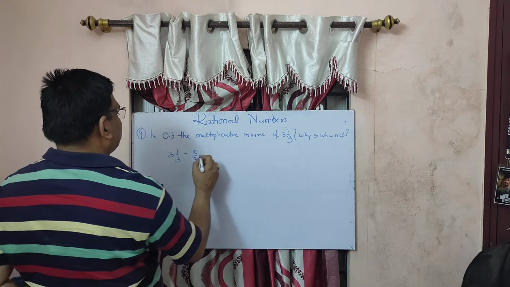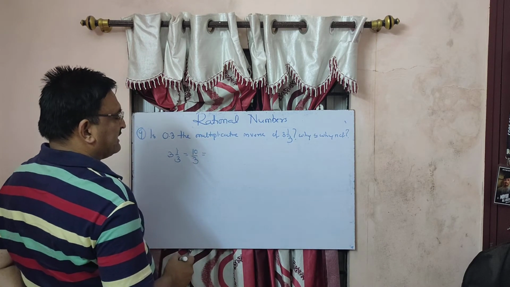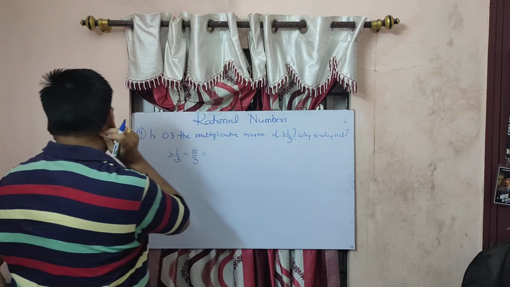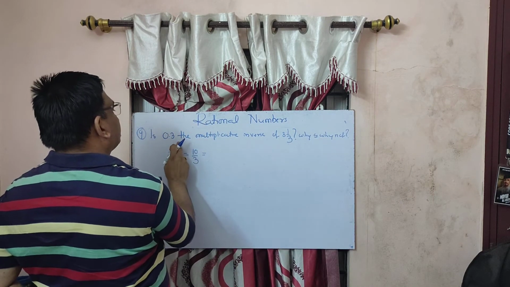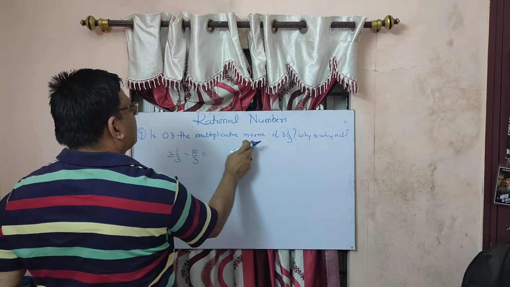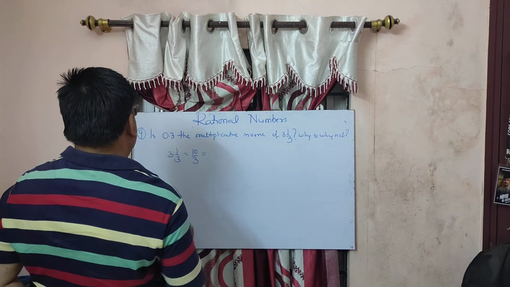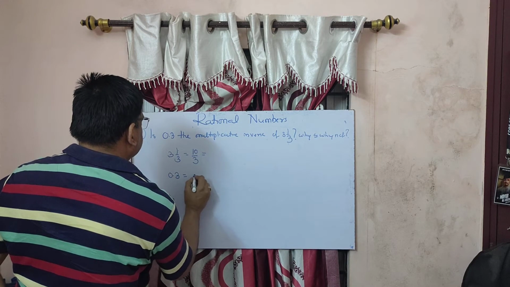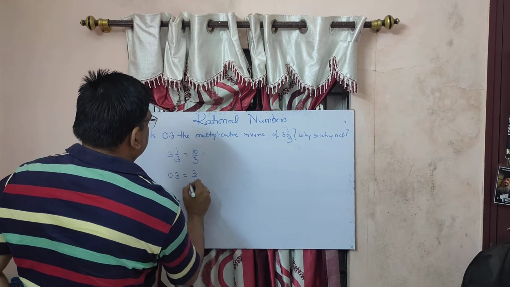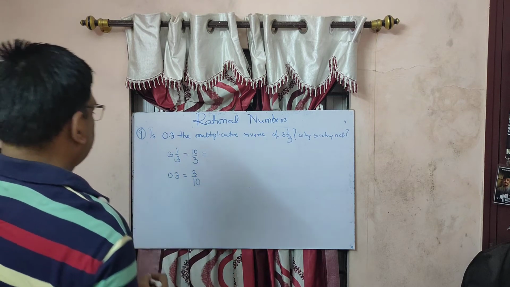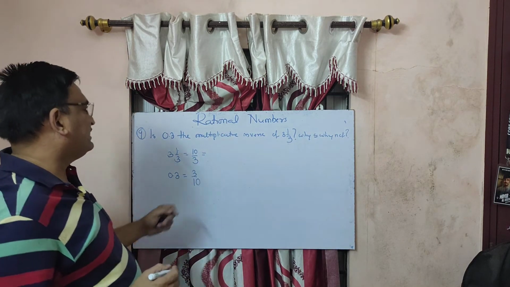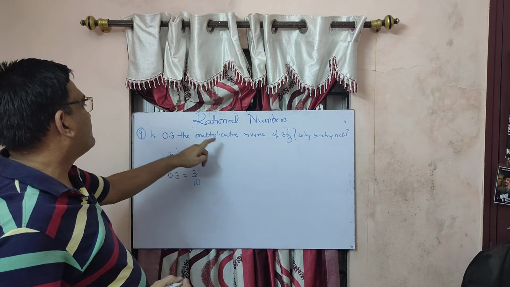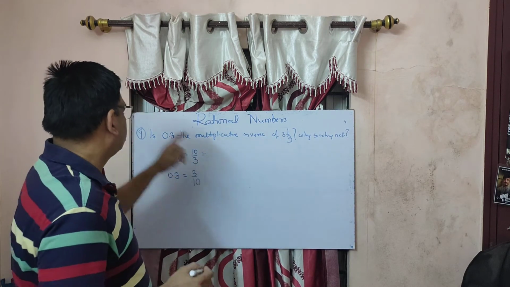Now is 0.3 the multiplicative inverse of this one? Now what is 0.3? 0.3 can be written as 3 upon 10.